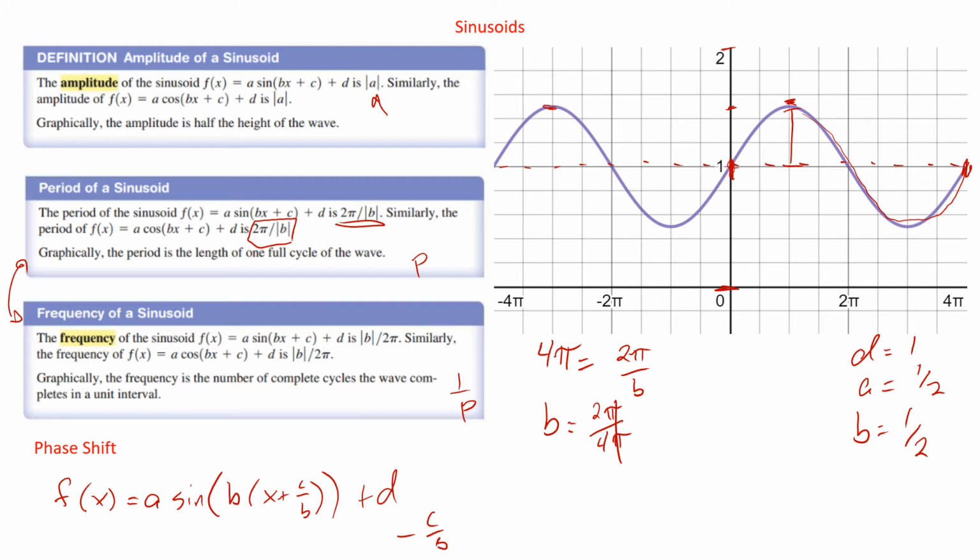So f of x equals, we have the A, so 1/2 times sine of B, 1/2 x plus 0, plus 1. So that would be the equation, and we got that just from the different pieces, looking at the graph to get each piece very specifically.